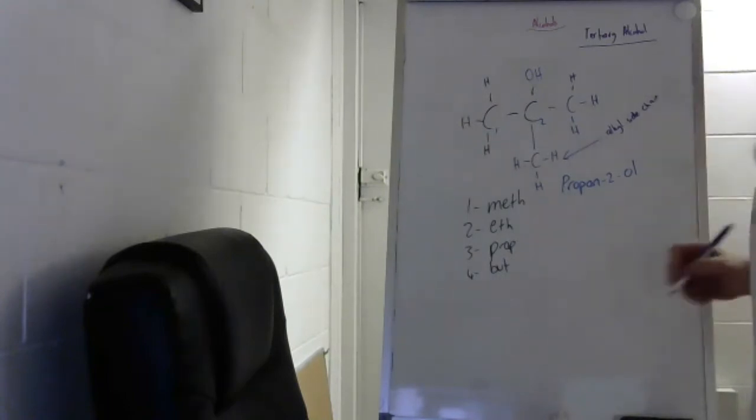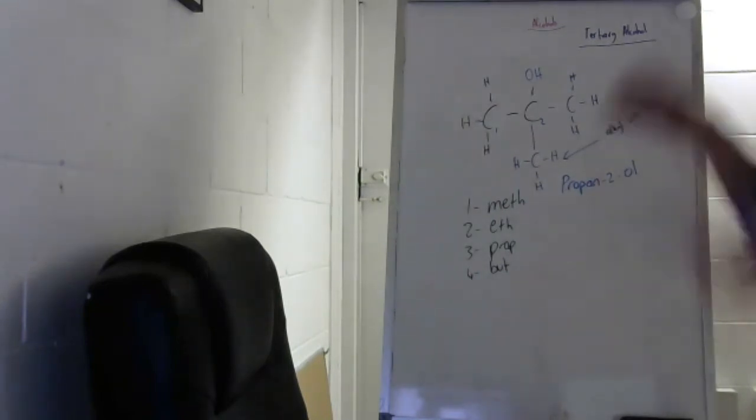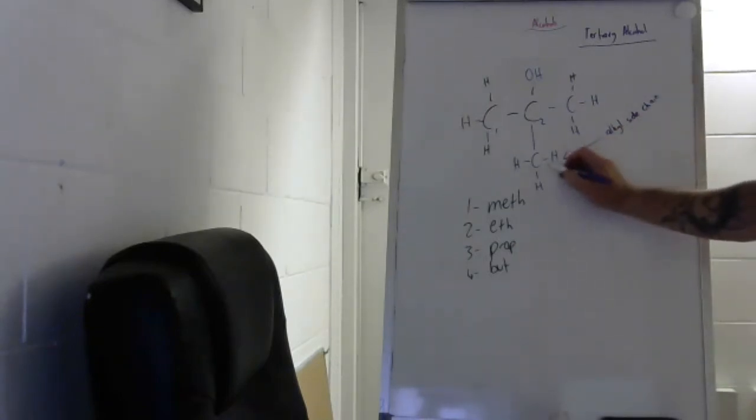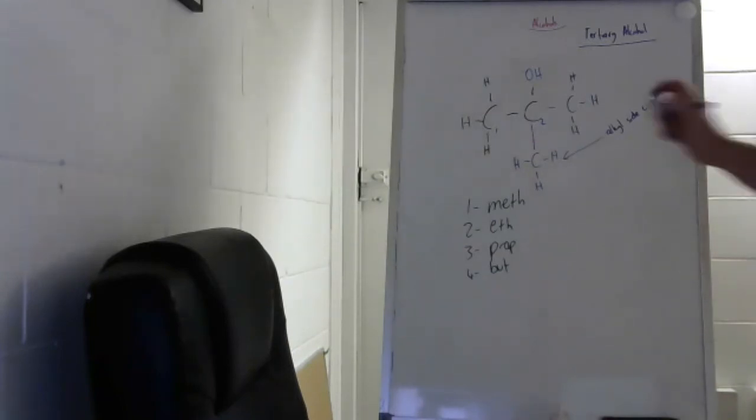I think I may have put too much faith in your teachers to teach you about the methyl groups and the ethyl groups. I will go through those after this, and hopefully it makes more sense. But this guy is called an alkyl side chain, and it has a whole separate name to the rest of the molecule.